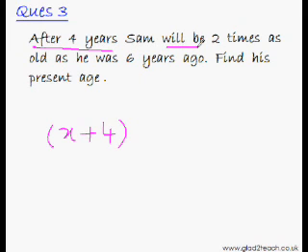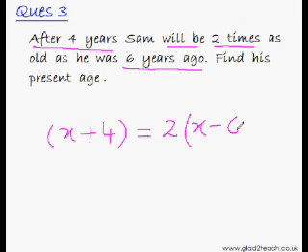Sam will be 2 times as old as he was 6 years ago. 6 years ago means x minus 6, as we are going back in the past. So with that, we have translated English into mathematics. So now just find the value of x and you would know his present age.